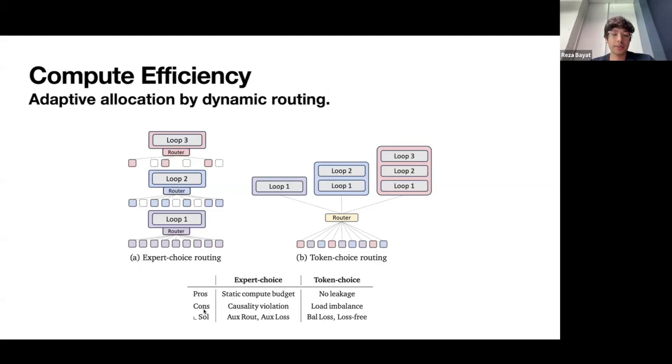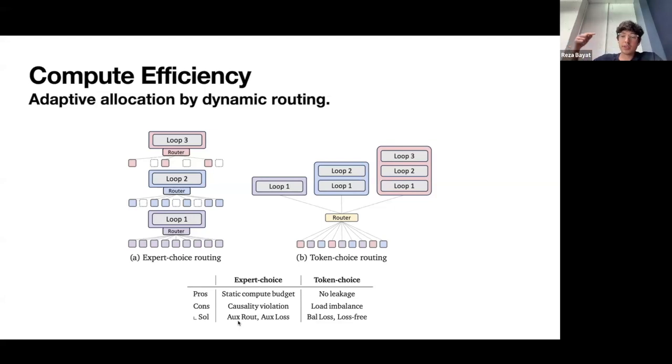The con is that it violates causality in the autoregressive manner, because we look at all the scores to select top K, but at inference we want to predict one token. We don't have any other tokens to compare the score of that one with. So, similar to the mixture of depth paper, we explore having an auxiliary router, which mimics the behavior of the main router for just one token to use at inference.